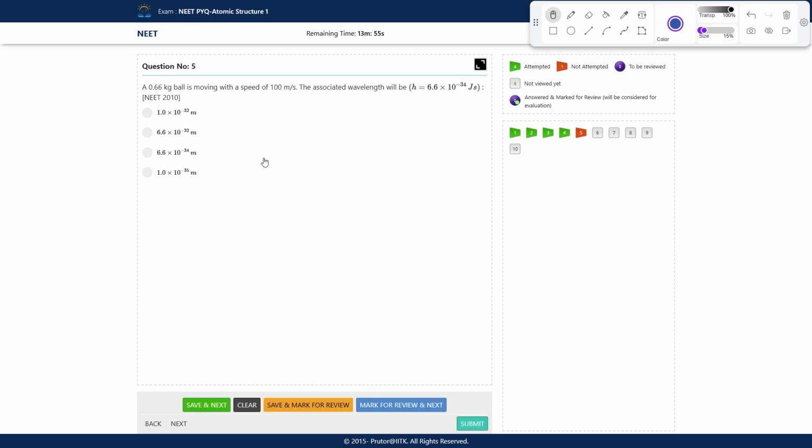A 0.66 kilogram ball is moving with a speed of 100 meters per second. The associated wavelength would be, so you just have to calculate the lambda. h is given as 6.6 into 10 to the power minus 34, divided by mass into velocity.